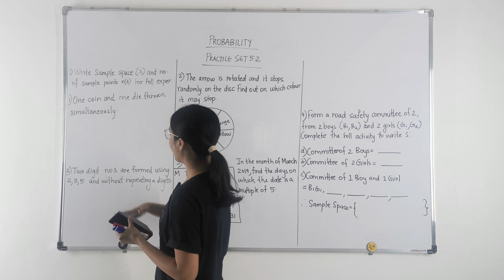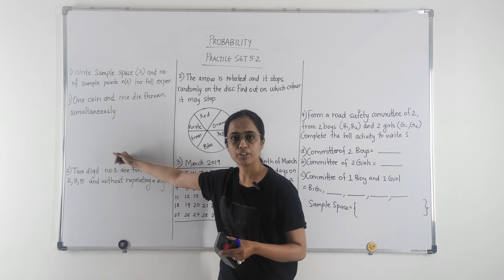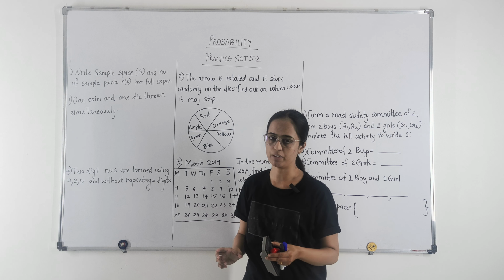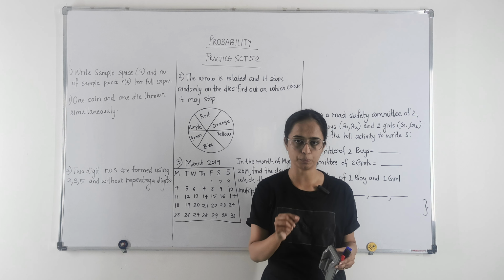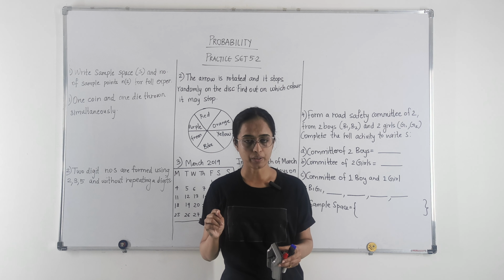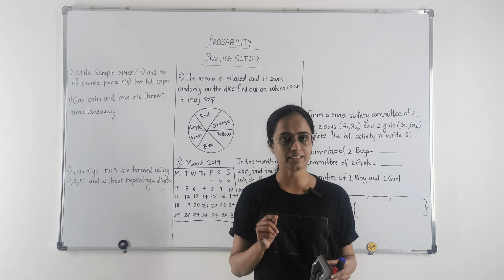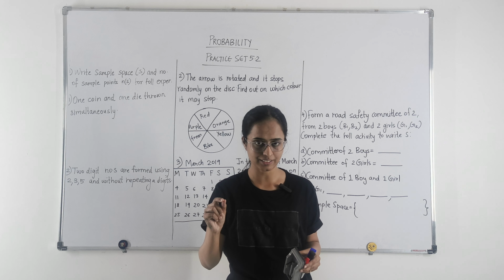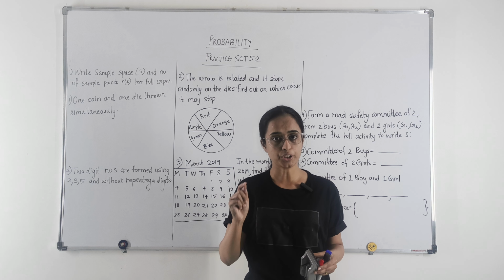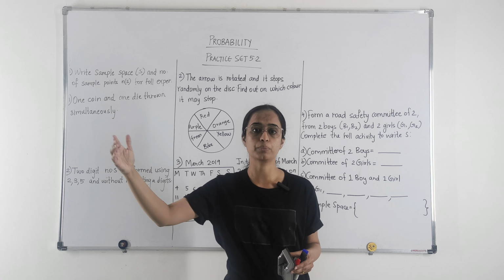Now here the experiments that are given to us, as we all know, these are the random experiments, and for these random experiments we are supposed to write the sample space. Now random experiments are those experiments whose result we cannot predict in advance. We cannot say that exactly I'm going to get this result, but yes, we do know what can be the possible result.